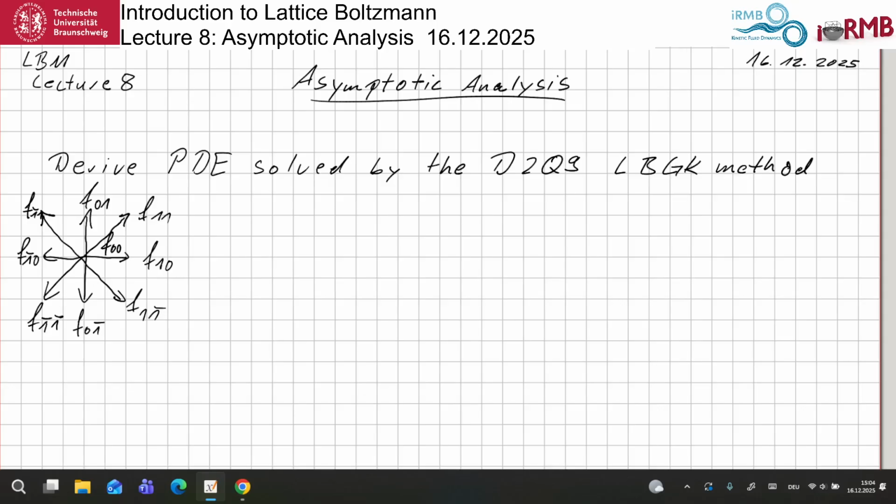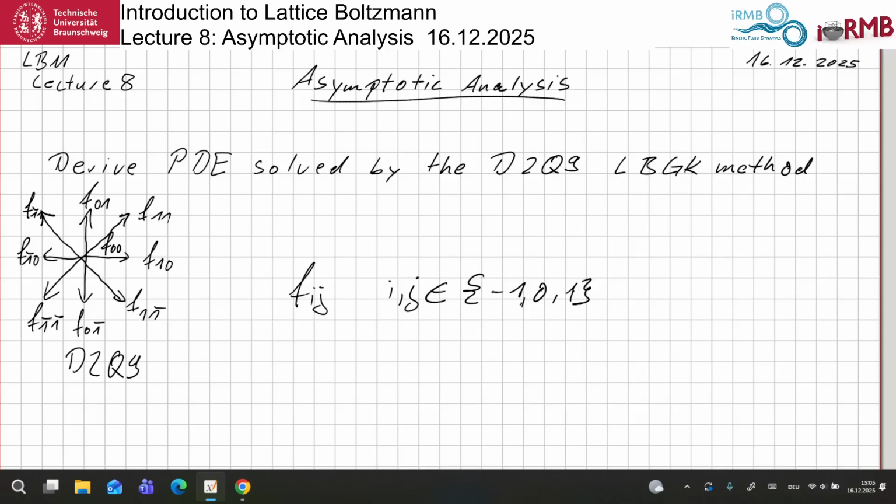So this is our D2Q9 velocity set. And that means, if we have the populations f_ij with i, j being an element of -1, 0, and 1, this is a so-called tensor product lattice.